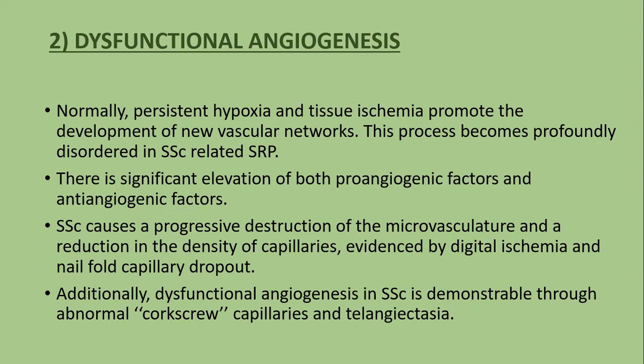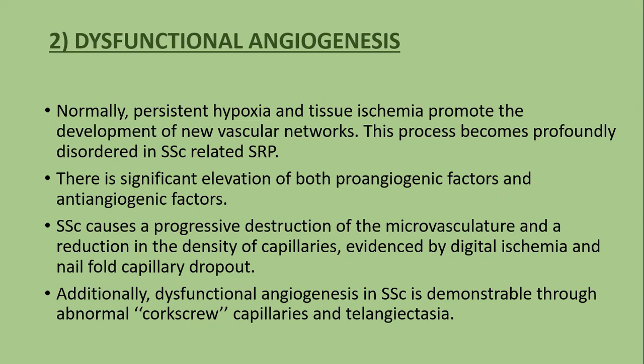Normally, persistent hypoxia and tissue ischemia promote development of new blood vessels and new vascular networks. This function is profoundly distorted in systemic sclerosis and in secondary Raynaud's phenomenon. There is significant elevation of both pro-angiogenic factors and anti-angiogenic factors in these conditions.